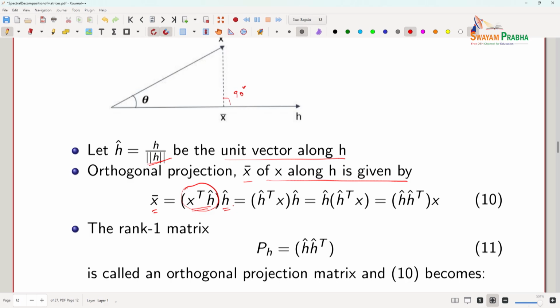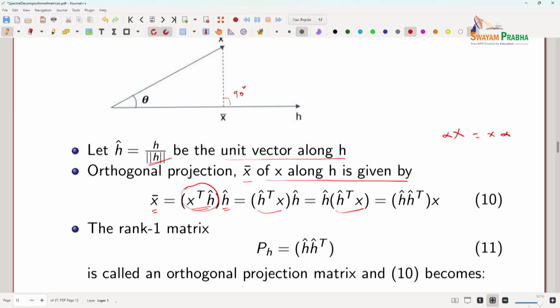Matrix product is associative, and X transpose H bar is H bar transpose X. I can multiply a vector either on the left or on the right, so I pull the constant to the right.